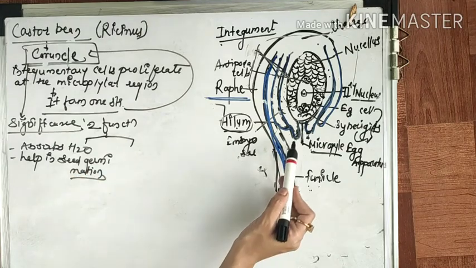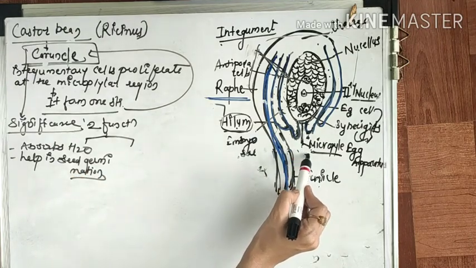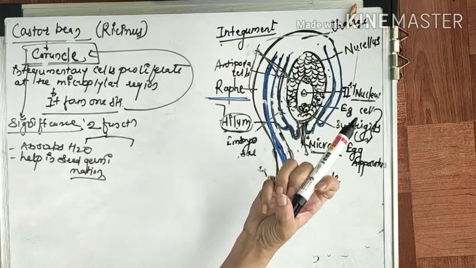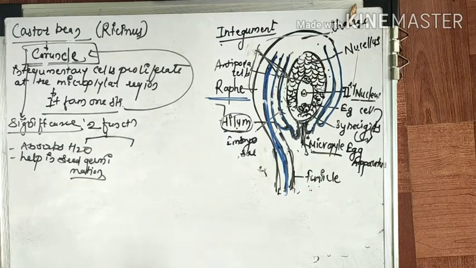As you know, it is a small opening, so water goes in from here, and this part will absorb the water. If they get favorable conditions, they germinate and form a new plant.